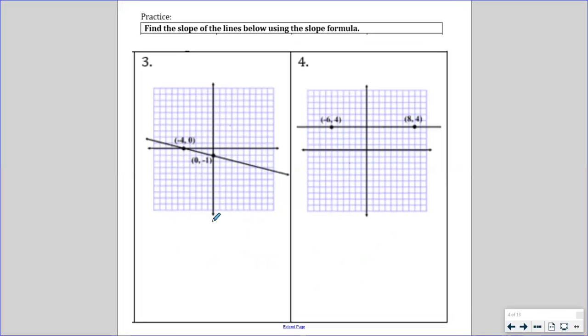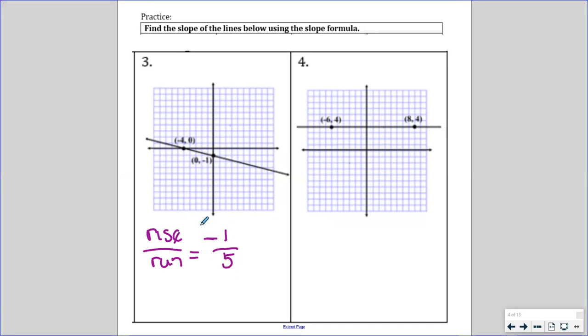Okay, the next one, I'm going to put rise over run. If you want to use delta y over delta x, that's fine, but with graphs, let's just use rise over run. So to get from here to there, we went 1, so -1 down, and then 1, 2, 3, 4, 5 to the right.